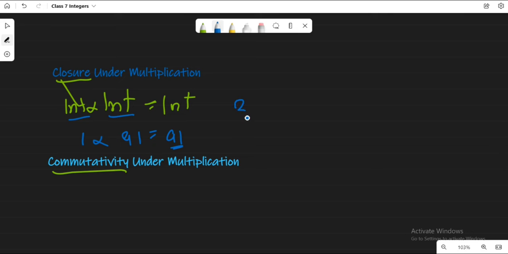Let's say 3 times 14. So 3 times 14 is equal to 42, and 42 is an integer. 3 is also an integer and 14 is also an integer. So we say that integers are closed under multiplication.